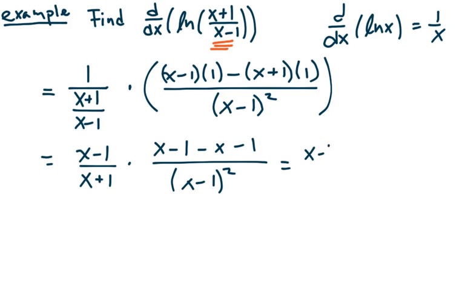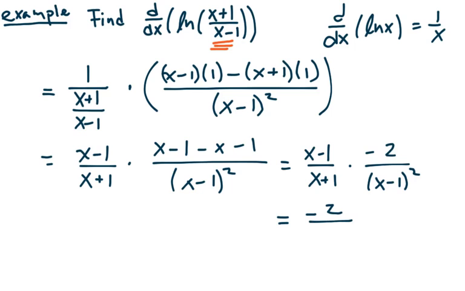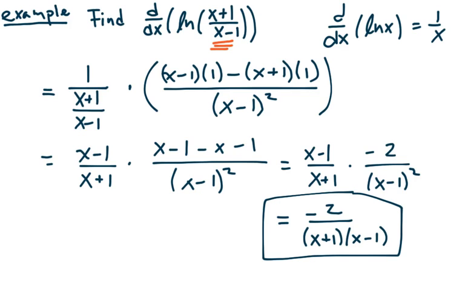So now we've got x minus 1 over x plus 1 times minus 2 over x minus 1, the quantity squared. And that simplifies down nicely to minus 2 over x plus 1 times x minus 1. Okay, so that's how we would handle a derivative like that.